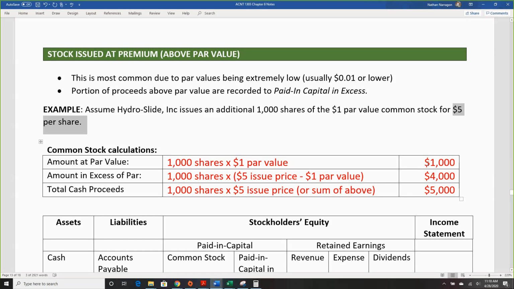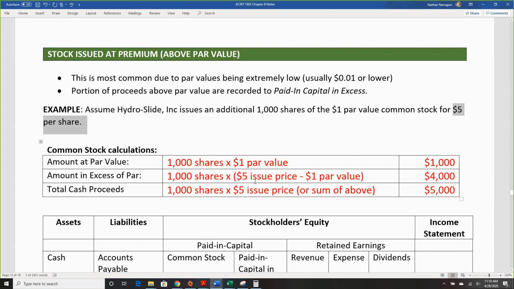Any amount in excess, we have to recognize as separate. Okay? So this basically states this, that we take the shares and we're going to multiply it by the difference of the issued price minus par value.